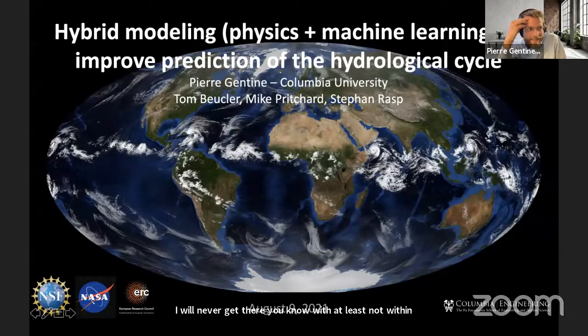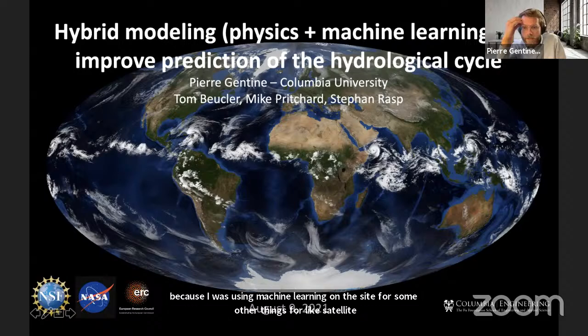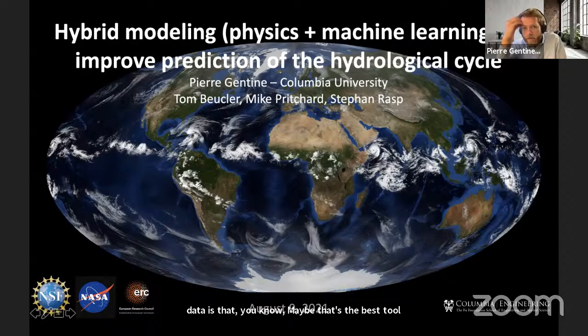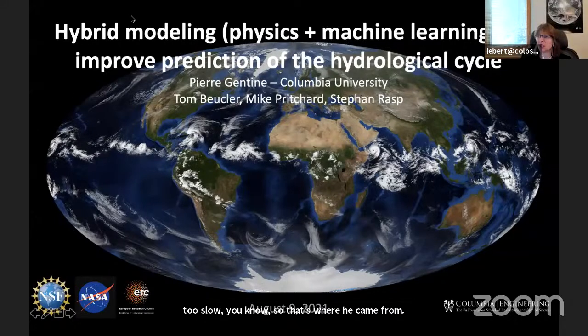And that's when I started to think, okay, maybe, because I was using machine learning on the side for some other things, like satellite data, I thought, maybe that's the best tool we have right now to actually tackle that within a reasonable time frame. I just thought that it was too pressing, there was too much pressure, the timeline was too short, and the development of parameterization was just too slow. So that's where it came from. That is a great introduction. And with that, I would say, let's start your talk.